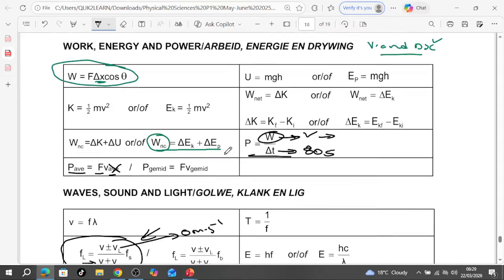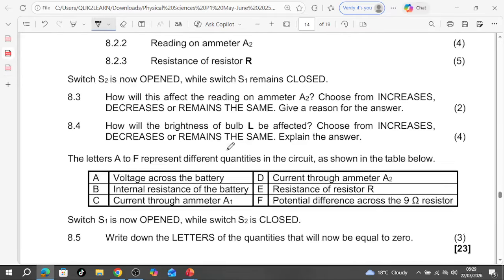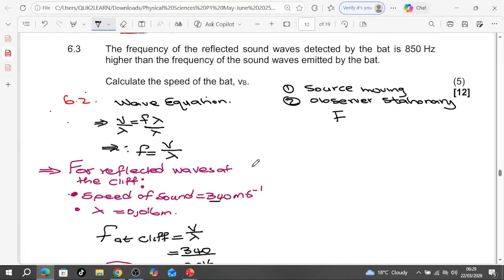So let's go and write the final formula. I hope you guys understand how I chose my formula. The formula to use is FL equals V on top, because I know that the velocity of the listener is 0, over V minus the velocity of the source, which is my VB.